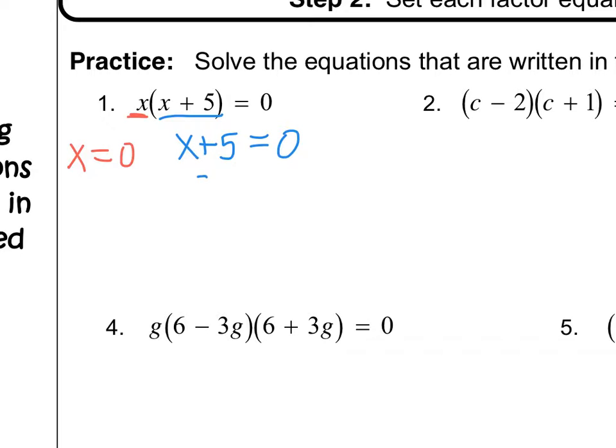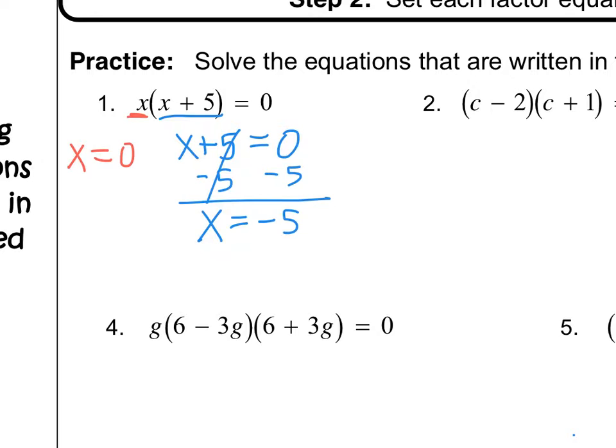So I'm going to subtract 5 on both sides, and I come up with x equals -5. So my solution to number 1 is x equals 0 and x equals -5. I could write it in that form.